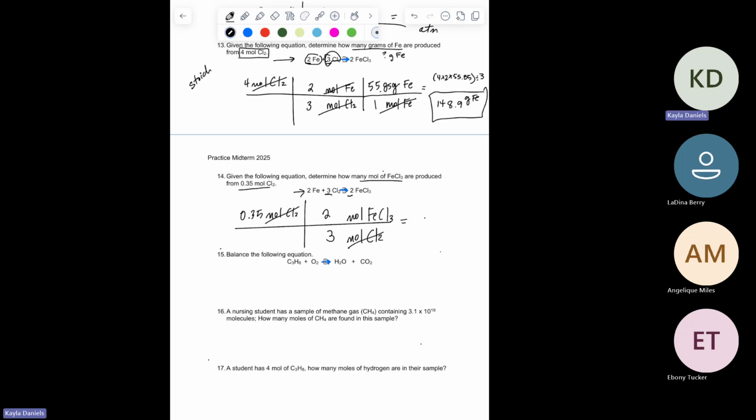Now I'm out of moles of Cl2 and into moles of FeCl3. In my calculator, I can do 0.35 times 2 divided by 3. When I do that, I get 2.33 moles of FeCl3. Questions?